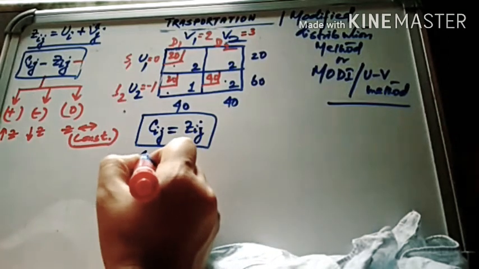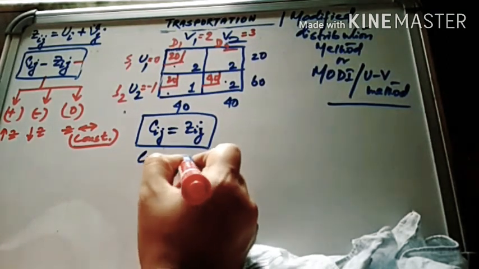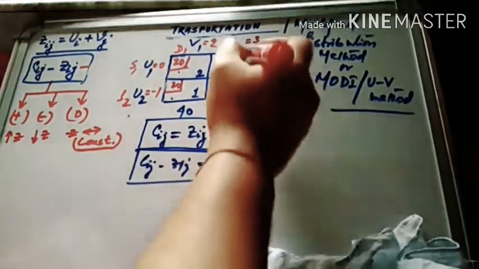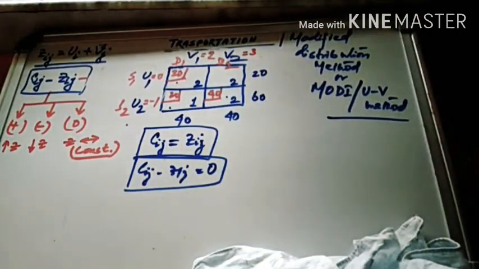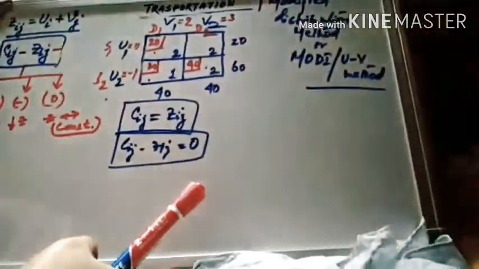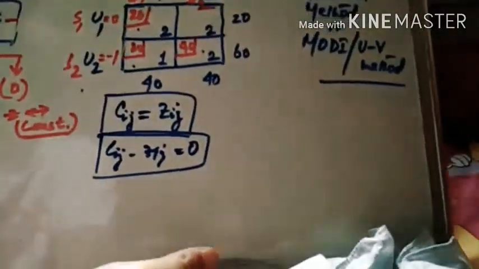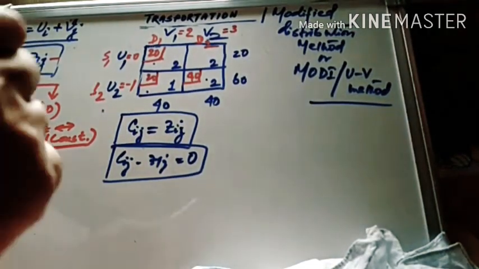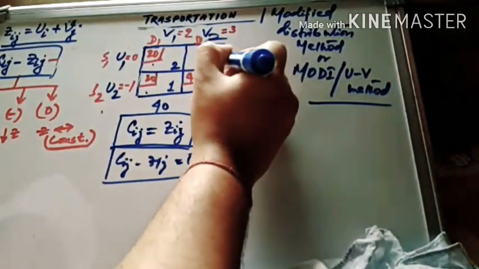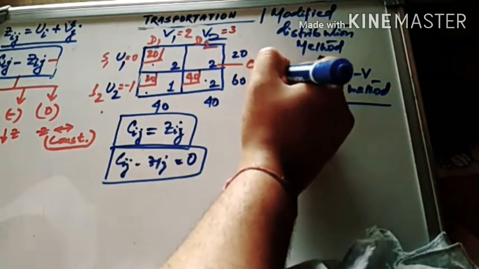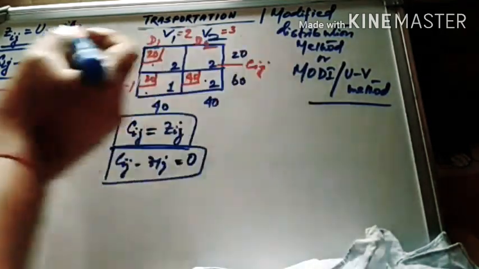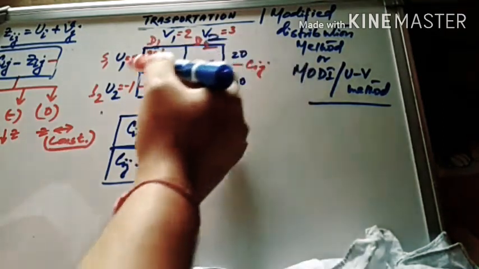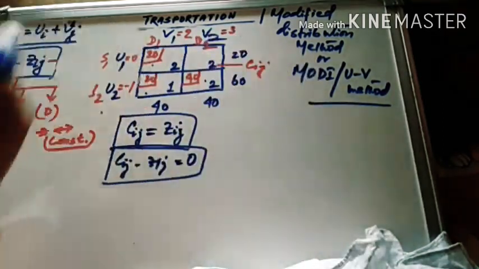So Cij minus Zij for an allocated cell remains 0. So we have to work with the unallocated cells. There is only one cell which is not allocated, and this is the one. For this one, this is the Cij value. And what is Zij? I have told you, Ui plus Vj.